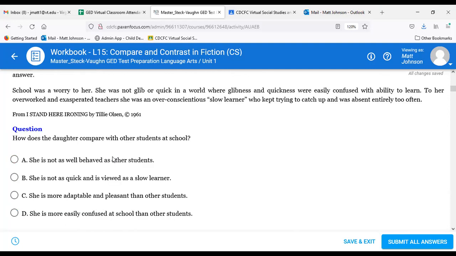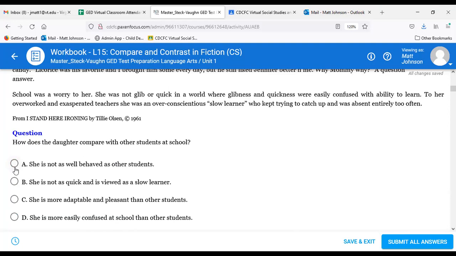And then 2, Latoya, can you read 2 for us? Maybe not. I'll read. How does the daughter compare with other students at school? A, she is not as well behaved as others in school.